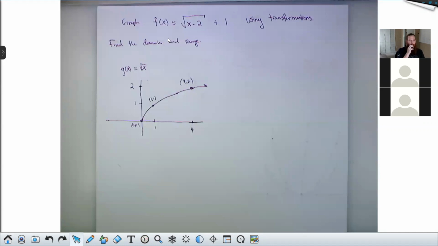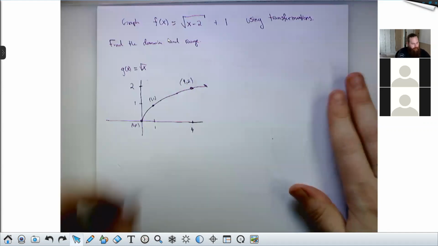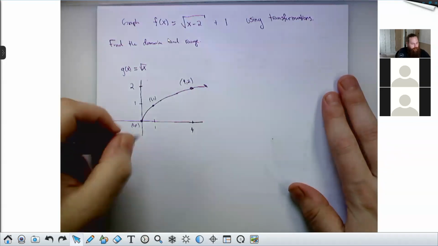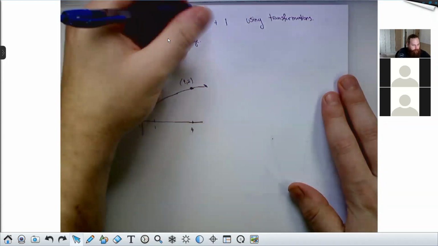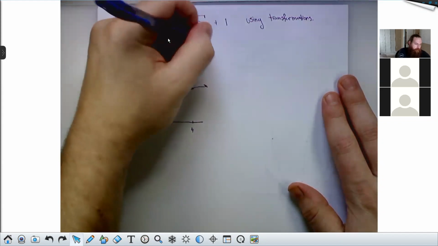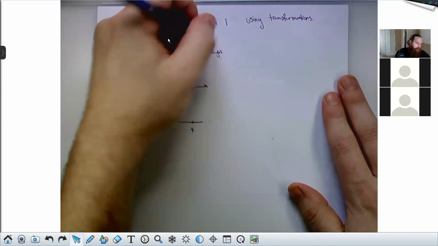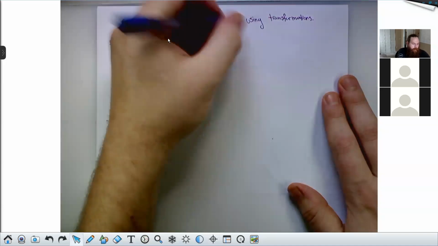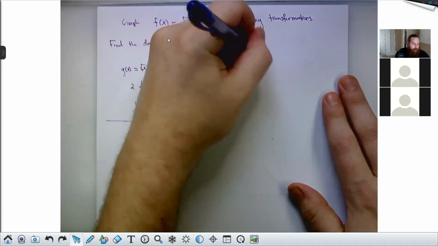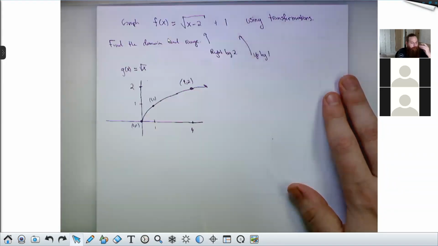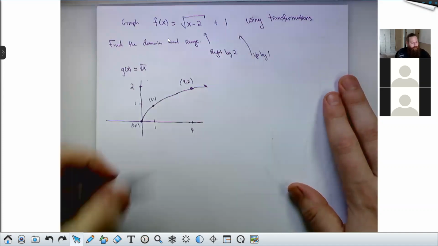Good. So this one tells me to shift right by 2 units, and this one tells me to shift up by 1 unit. I'll do one at a time.